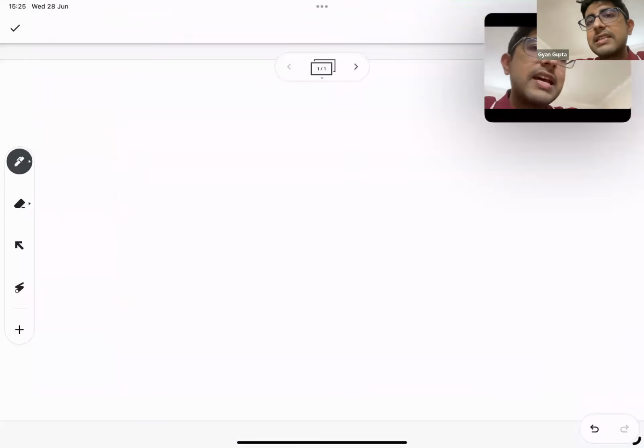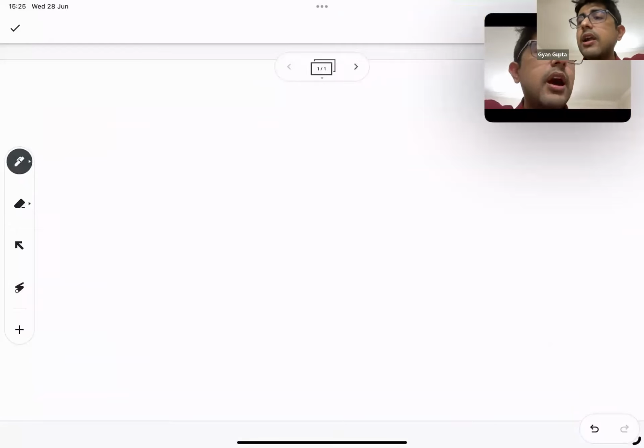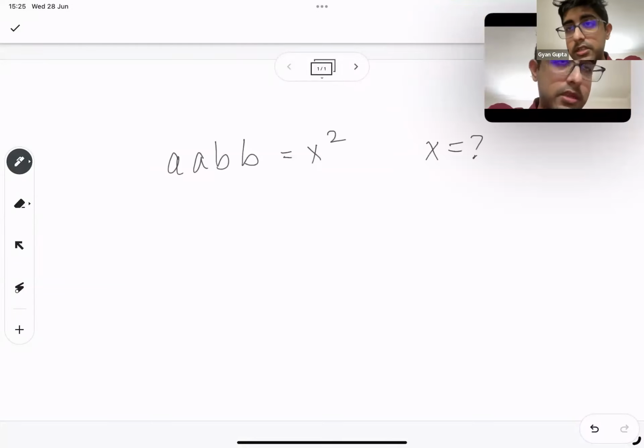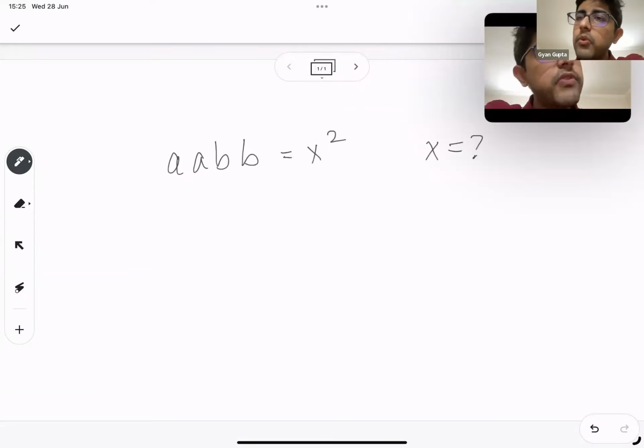The question goes as follows: if A and B are digits from 0 to 9, find the value of X such that the 4-digit number AABB is a perfect square. Interesting? If you want to attempt this question, please pause the video here, go and try it, and come back for the solution that I present.